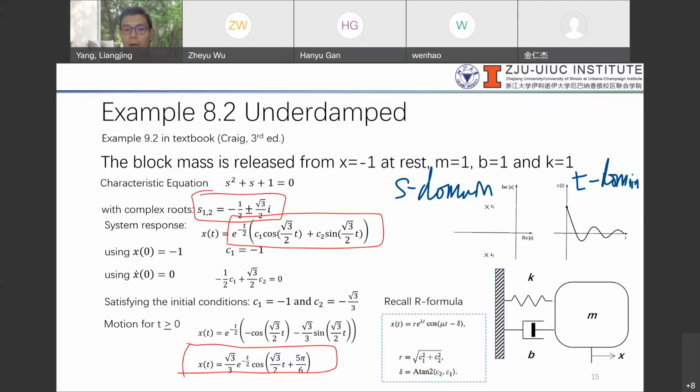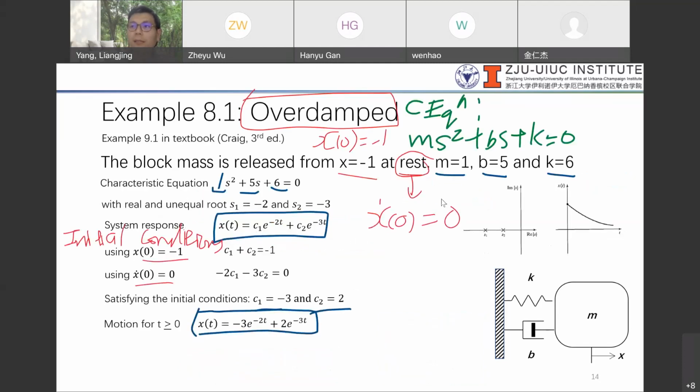So just now, in our previous example, we have two distinct roots.